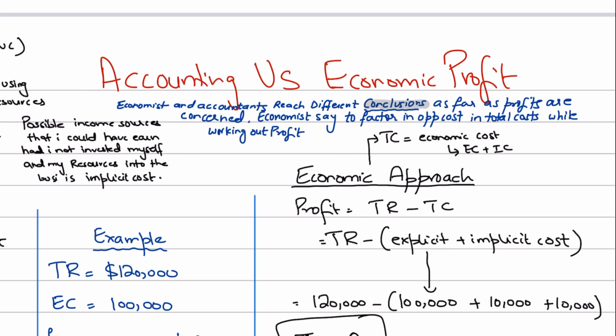So the economic profit that economists consider, versus the accounting profit, gives us different useful insights into foreseeing whether the business that we are doing is actually worthwhile or not. I'll explain how that works. I know it probably doesn't make sense right now at the start, but it will by the end of the video. Remember, economists will always factor in the opportunity cost and total cost whenever they are working out the profit.